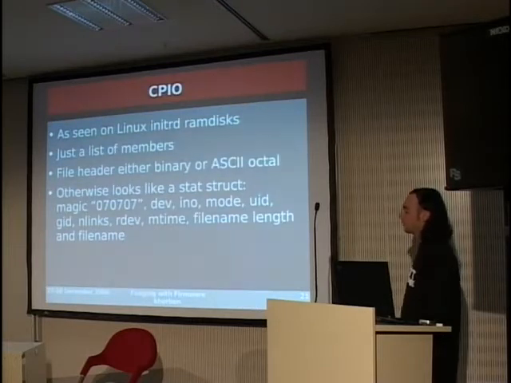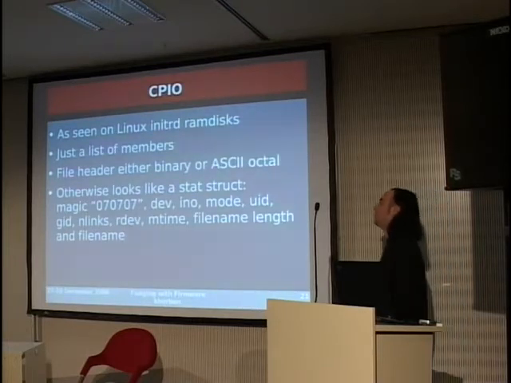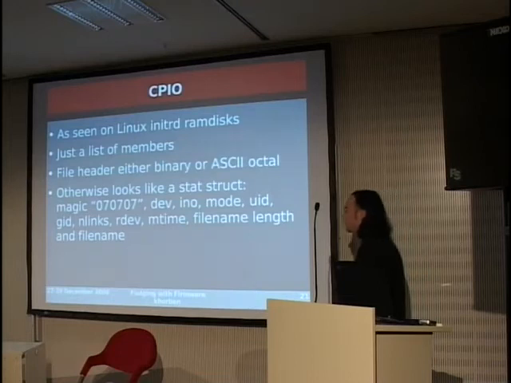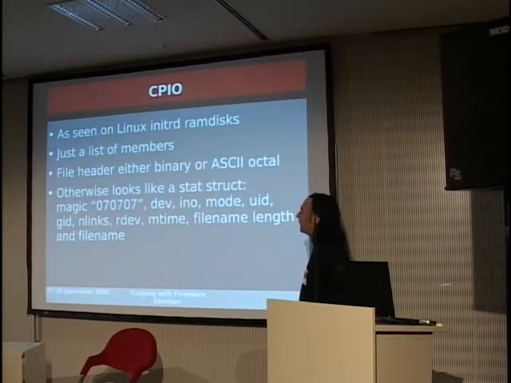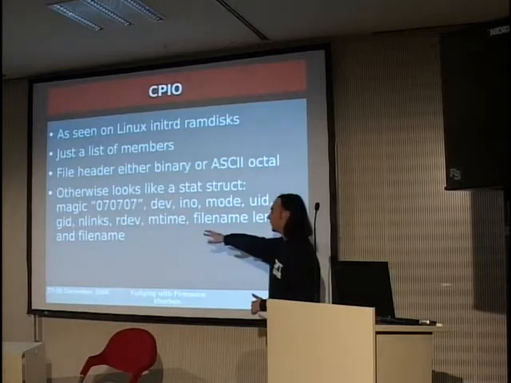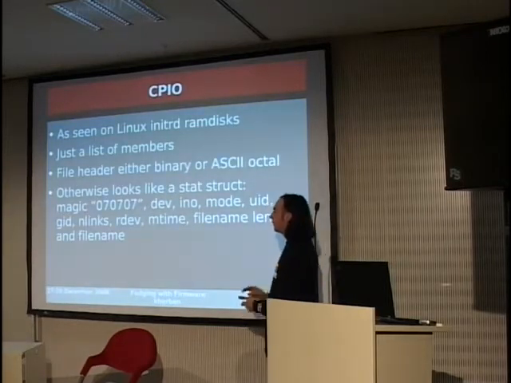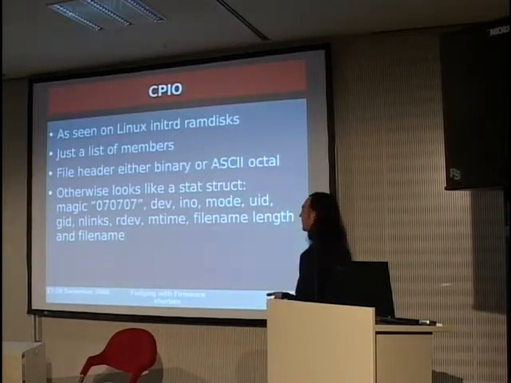CPIO, for the Unix world and more precisely Linux, is both an archive format and a file system. And it's actually a very efficient format for RAM disk images. It can be seen in 3 different ways: ASCII mode with the magic 070707, or in either big endian or little endian.